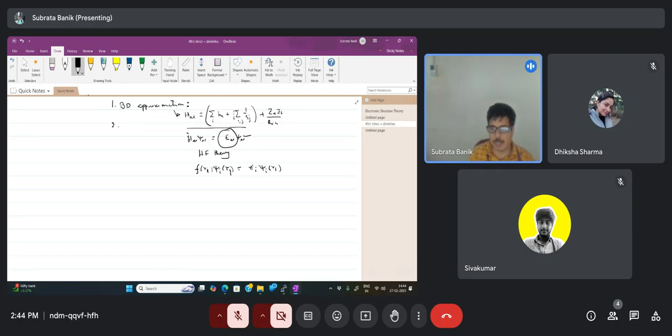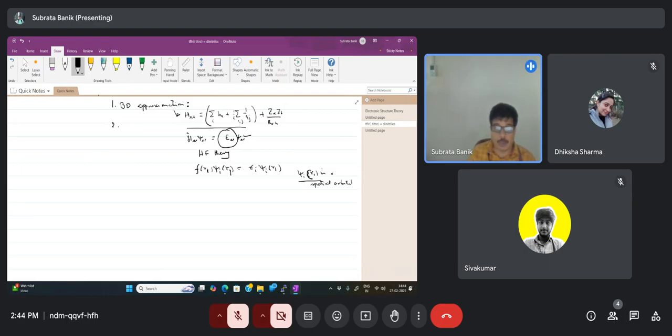What is psi_i? psi_i is a spatial orbital. This is a spatial orbital for the molecule, so the whole molecule is considered, and then we solve this equation. After doing spin integration, we get this. psi_i is a spatial orbital.